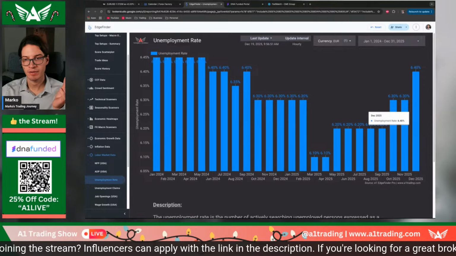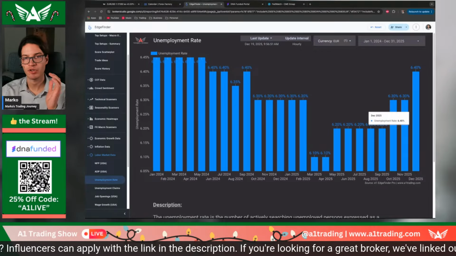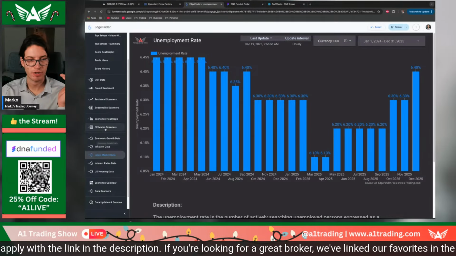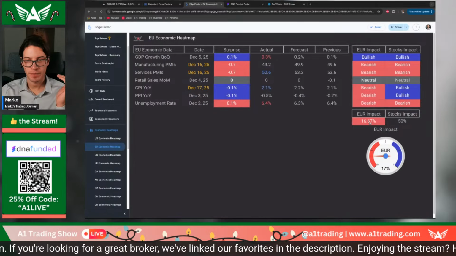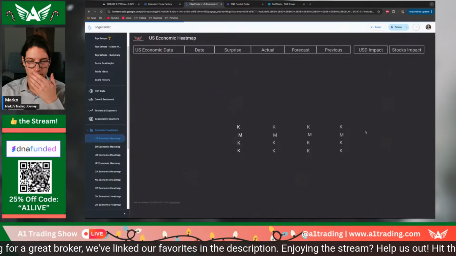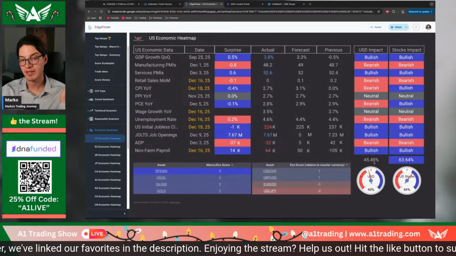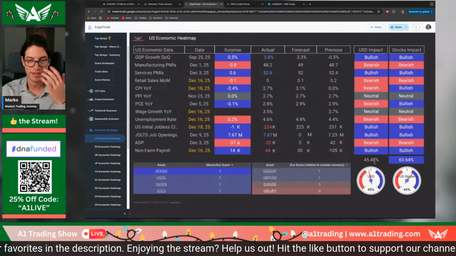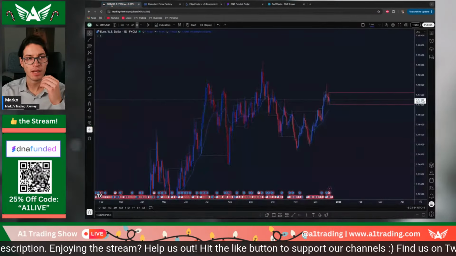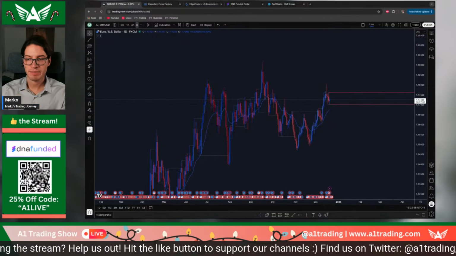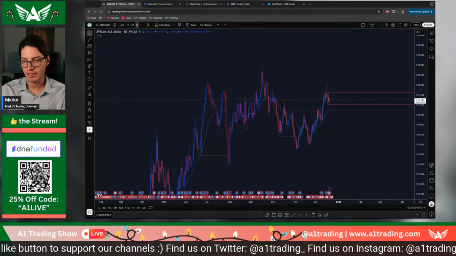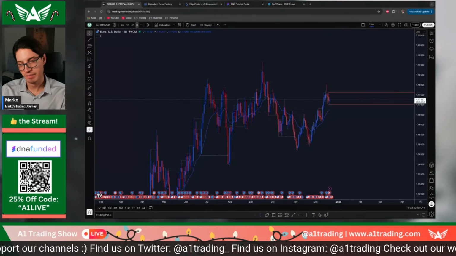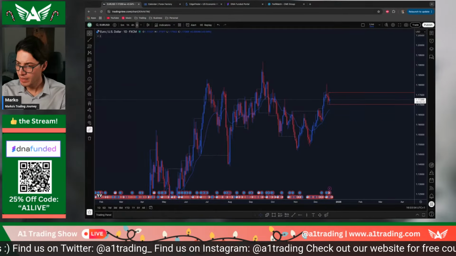Like the euro is not so much stronger than the dollar, especially in the short term with the economic heat map, right? Look at this number, then look at the US. US is doing better in the short term. At least that's how it seems. So I would not base my decisions only on the interest rate and on the inflation number. It's a lot more complicated than that.